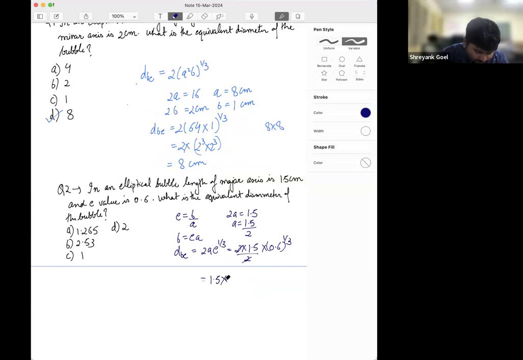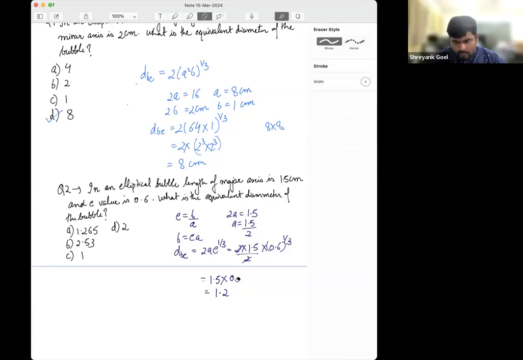I have to check. 0.6 to the power 0.33 is 0.8345, so it is coming out to be 1.2518. 0.6 power 0.33 into 1.5 is 1.26.